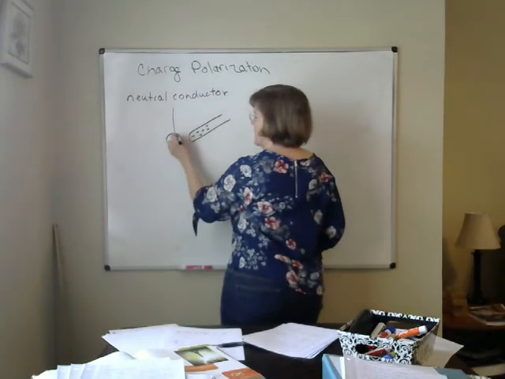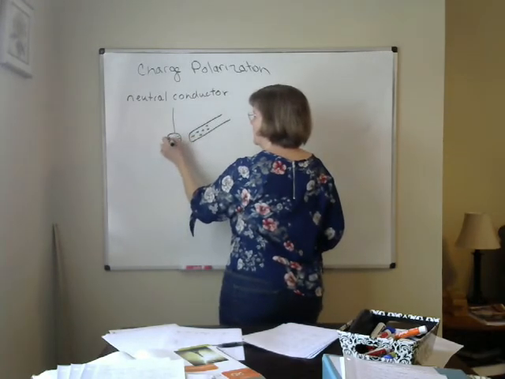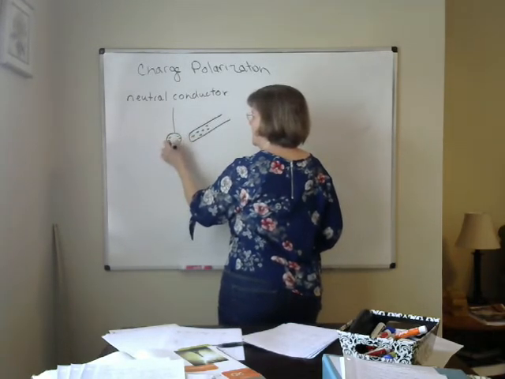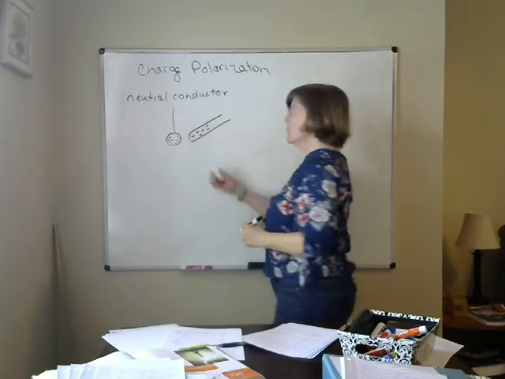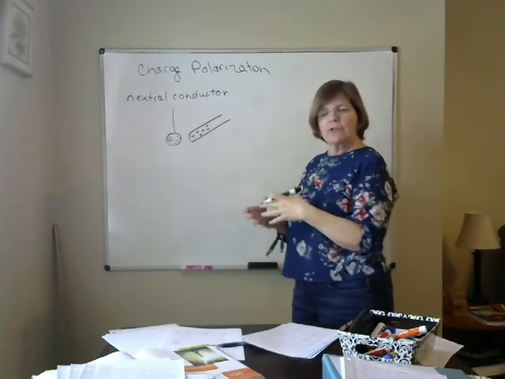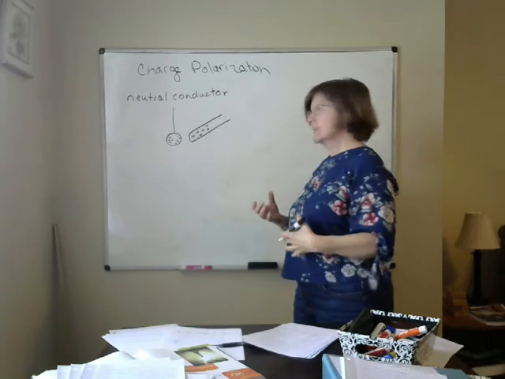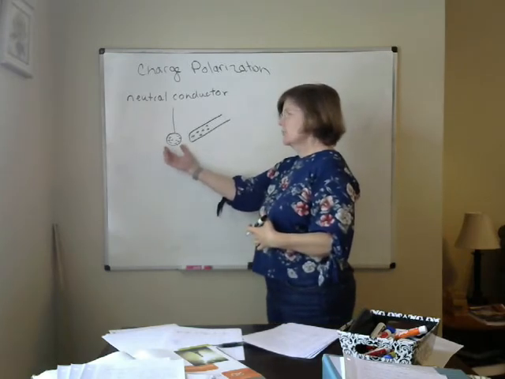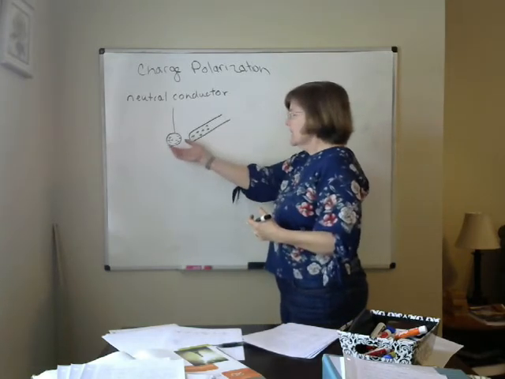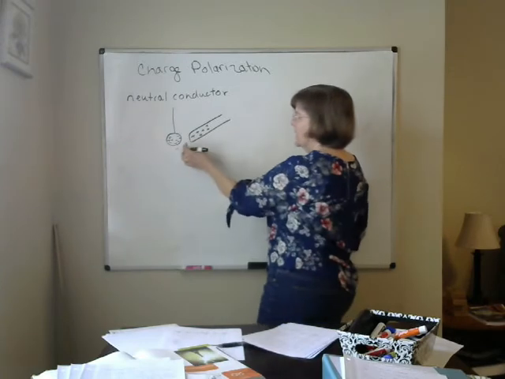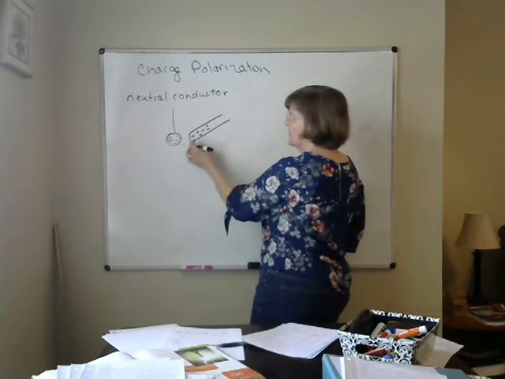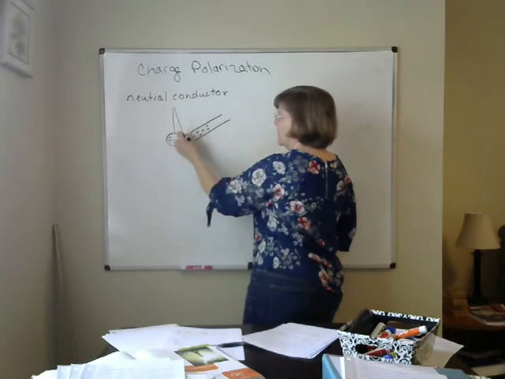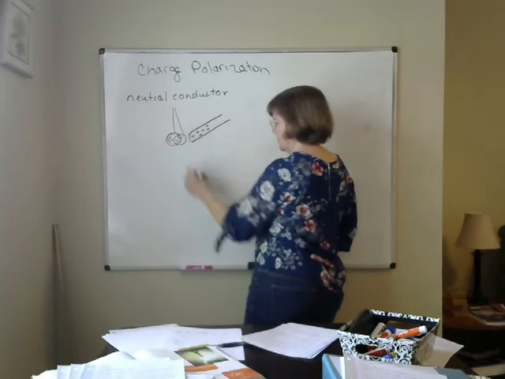That attracts electrons over here, and this side becomes positive. So the charges actually separate. When charges separate, we call it charge polarization. Technically, this is still neutral, but because the charges have separated and the negative charges are closer, this will actually swing over here to get closer.